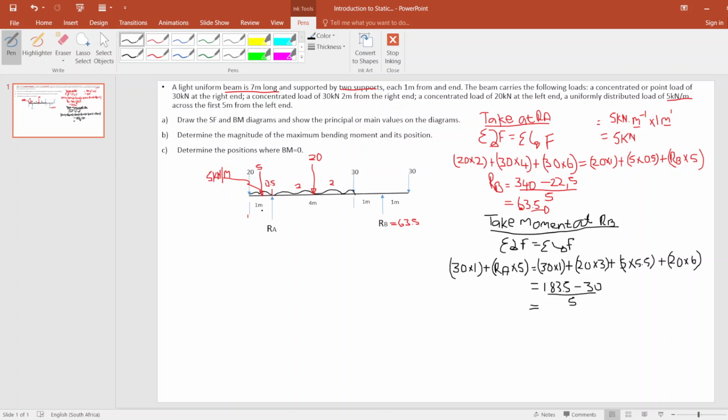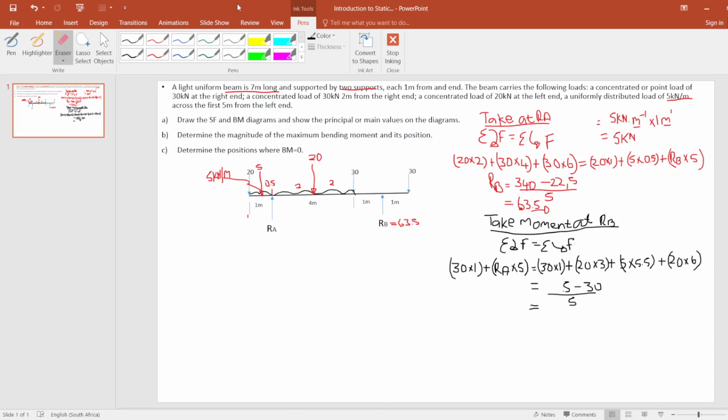Let's recalculate. I'm having 30 multiplied by 1 plus 20 multiplied by 3 plus 5 multiplied by 5.5 plus 20 multiplied by 6. Yes, I get my answer as 237, not the one that I got there.